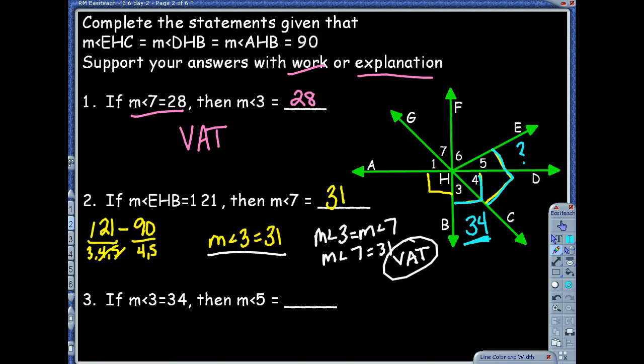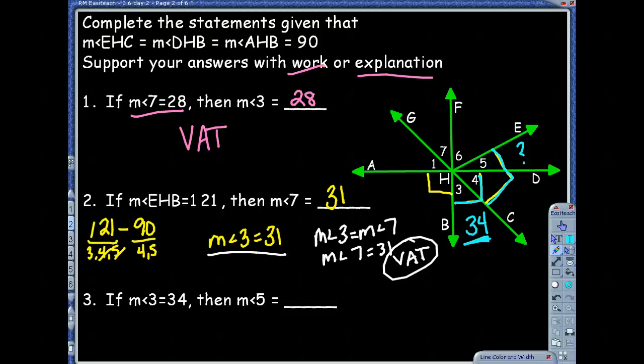Okay, so I'm thinking a couple different things. I'm thinking of a shortcut first, just because I like to go quick. I noticed that angles 3 and 4 make up the 90 degrees, so that means angle 3 and angle 4 are complementary. And 4 and 5 also add up to 90, and so that means they're complementary.